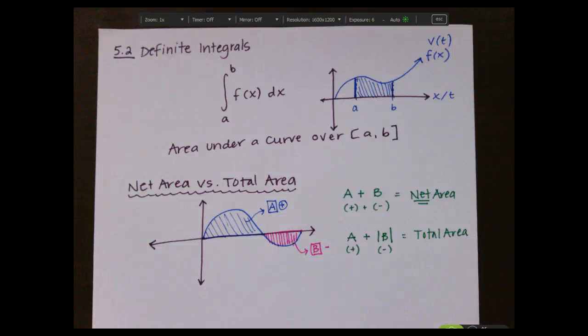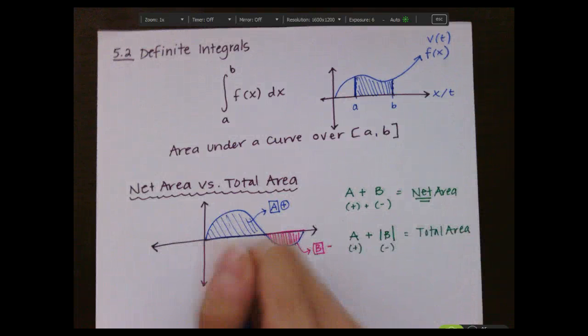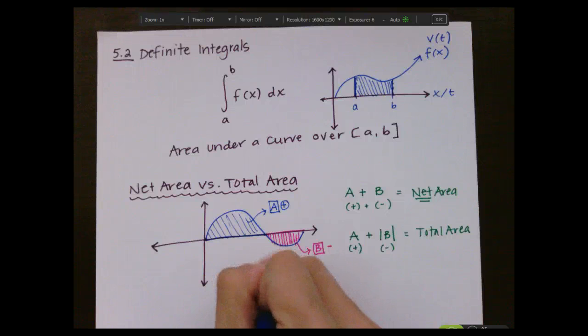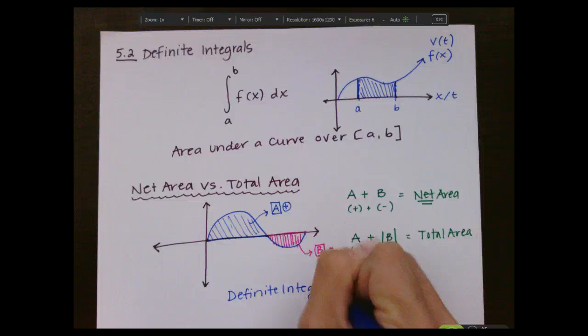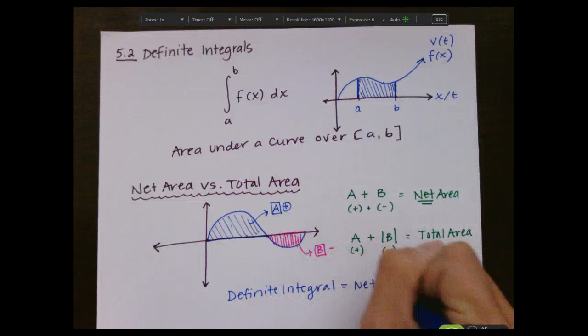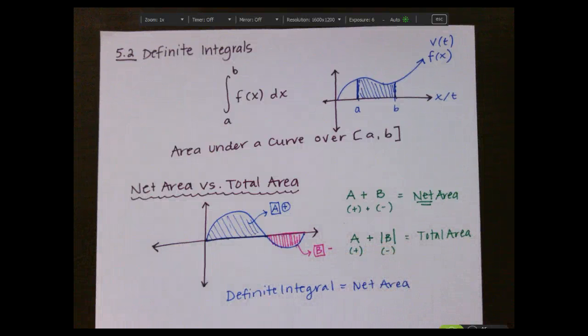And when we're describing a definite integral, we are actually finding the net area. So we are taking into account negative pieces, and we are subtracting them out.